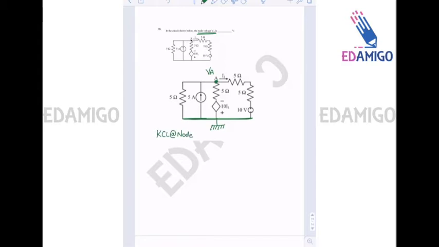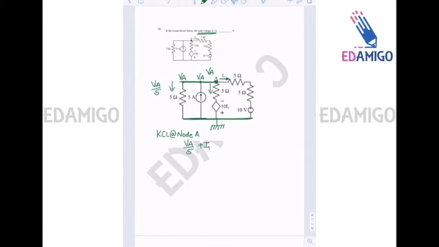KCL at node A. So we can see that here also voltage will be VA, here also voltage will be VA. So the outgoing current, because this whole node is node A, right? So the outgoing current here is VA divided by 5. The outgoing current here is I1.